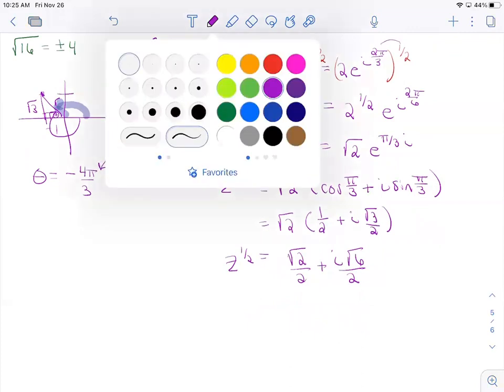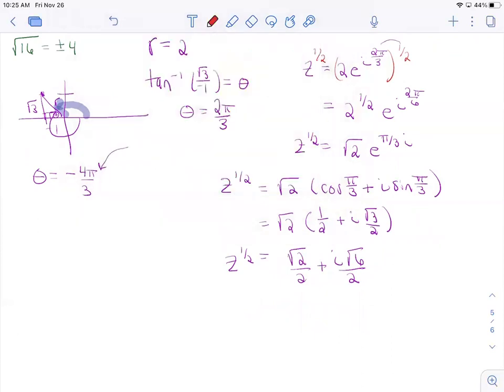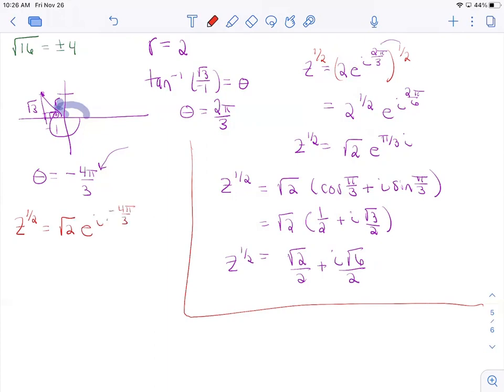So let me change colors so it stands out a little bit more. So I'm going to cut that off. Okay, so we have z to the 1/2, or square root, would be root 2, because we already found our r, e raised to i times negative 4 pi over 3. Okay, I want to raise this to the 1/2.